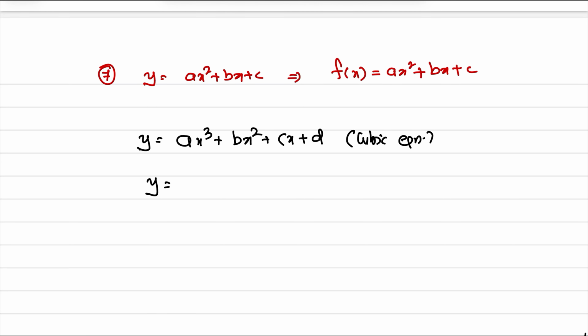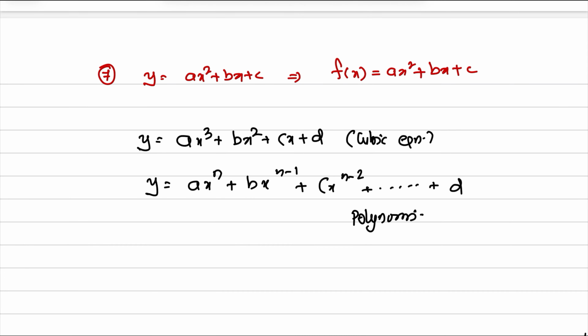If y is equal to ax to the power of n plus bx to the power of n minus 1 plus cx to the power of n minus 2 plus so and so up to some value d, it's a polynomial. The power of x is n. Polynomial function.